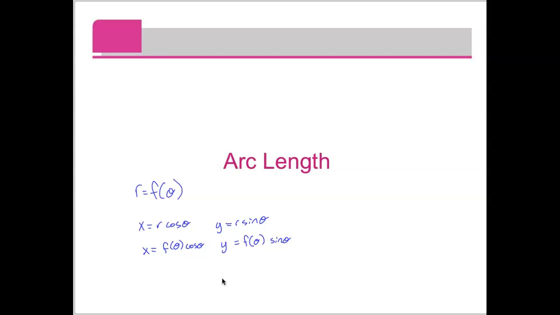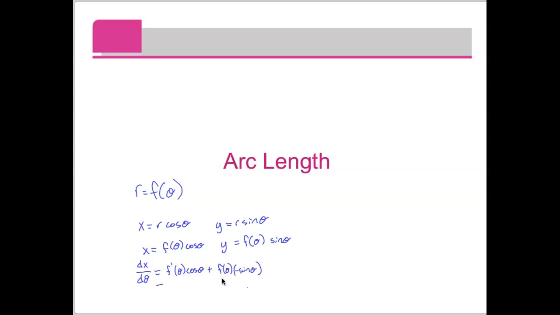All right. And then I can differentiate these with respect to theta by using the product rule. So dx d theta is going to end up being, what, f prime of theta cosine theta plus f of theta times negative sine of theta.